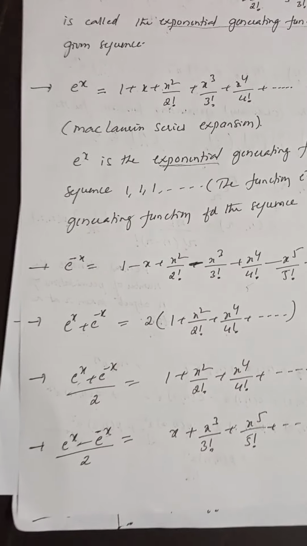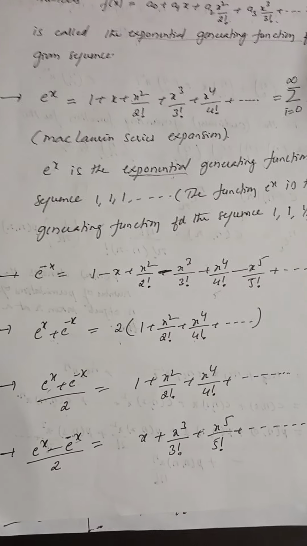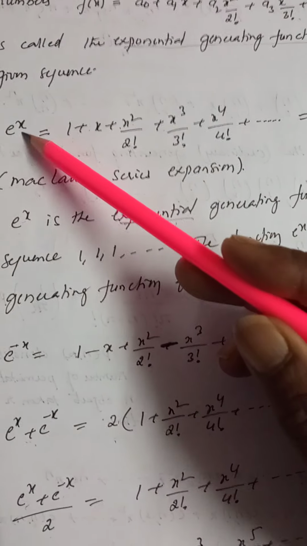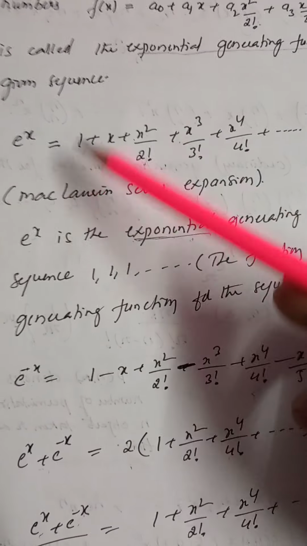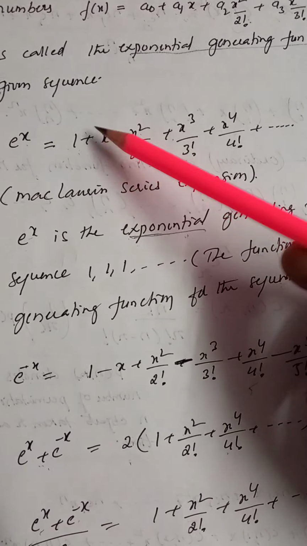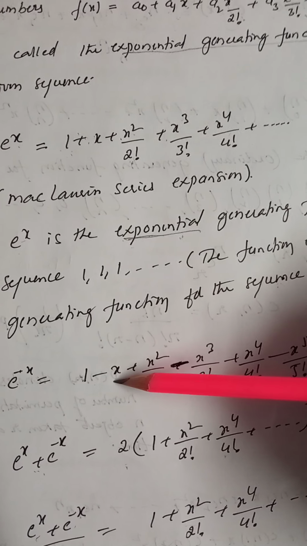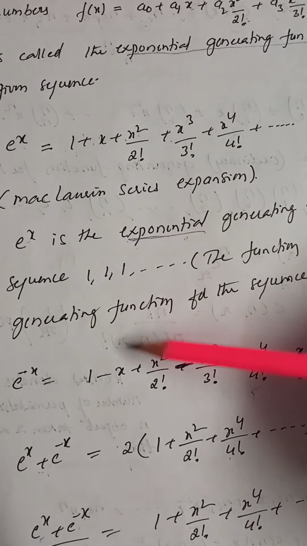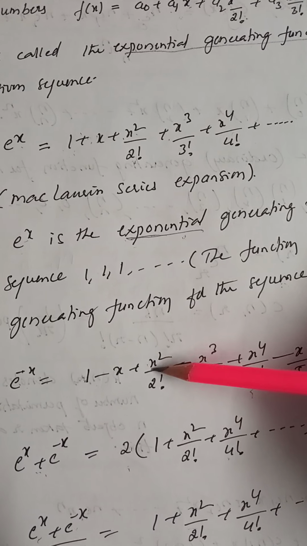Now, if you find the difference, e power x we know, e power minus x we know. If you find the difference of those two, e power x minus e power minus x: 1 minus 1 is 0. Plus x minus of minus x is plus 2x. X square by 2 factorial minus of minus this one is cancelled.